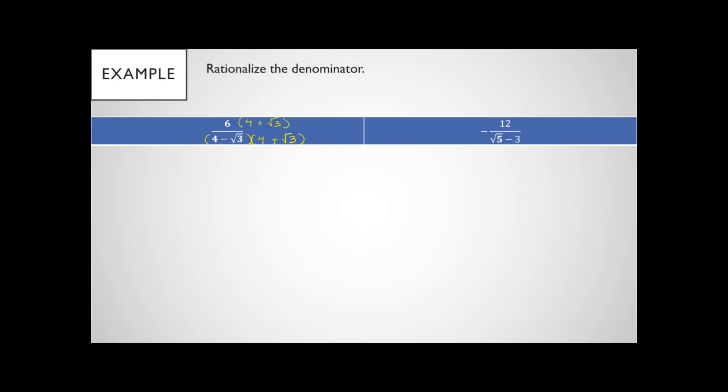So those are conjugates, and we do that because the inside terms will cancel out. So this goes back to the difference of squares when we were multiplying.